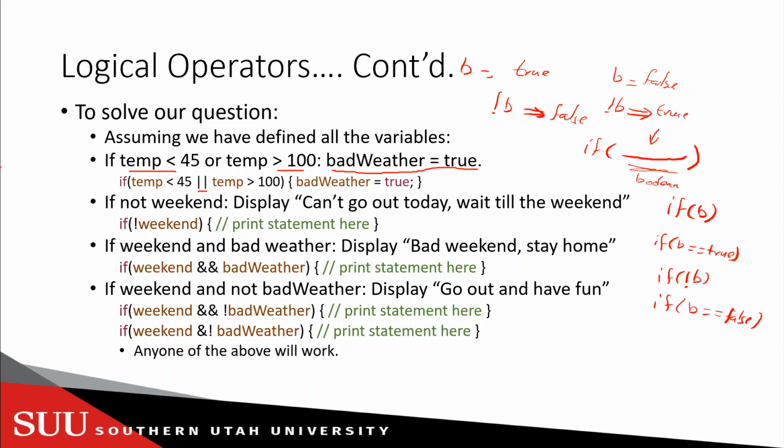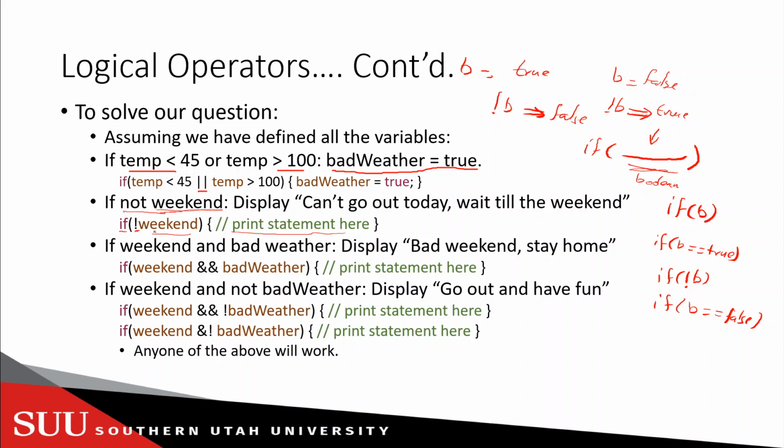Why is this useful? Because right now, if it's not weekend, then I need to display can't go out today, wait till the weekend. So if not weekend, this means if the variable storing the Boolean weekend is false. How do I say if weekend equal false? By saying if not weekend. So I'll say if not weekend, and then I'll place my print statement inside those curly braces. Now if it's the weekend and it's bad weather, then I'll display bad weather, stay home.